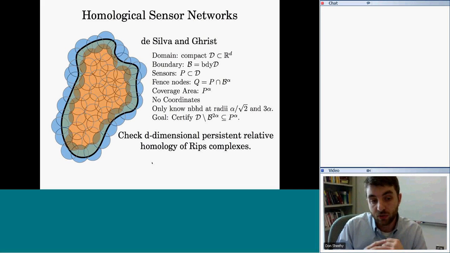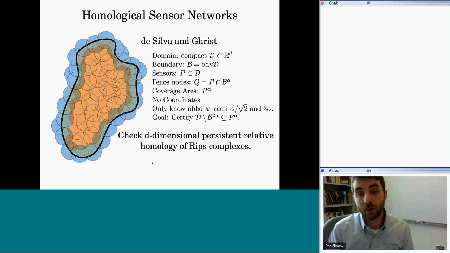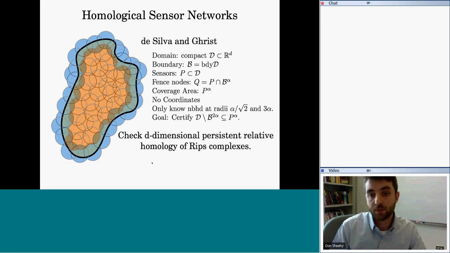It may be that it's covered and you aren't able to provide a proof, but if you get a proof, then you know it really is covered. And that proof, or that certificate, is computed by looking at d-dimensional persistent relative homology of Rips complexes.